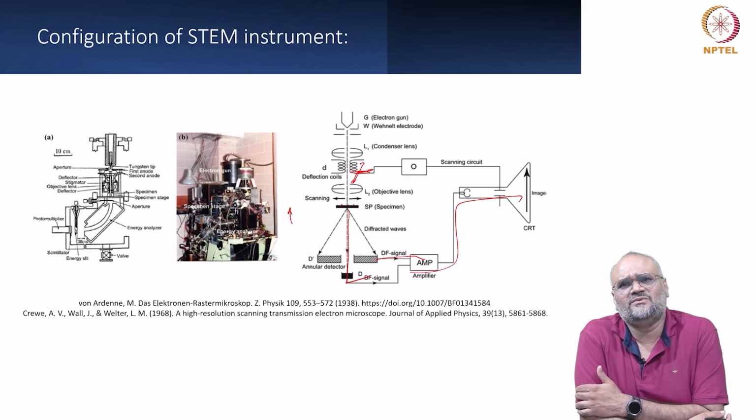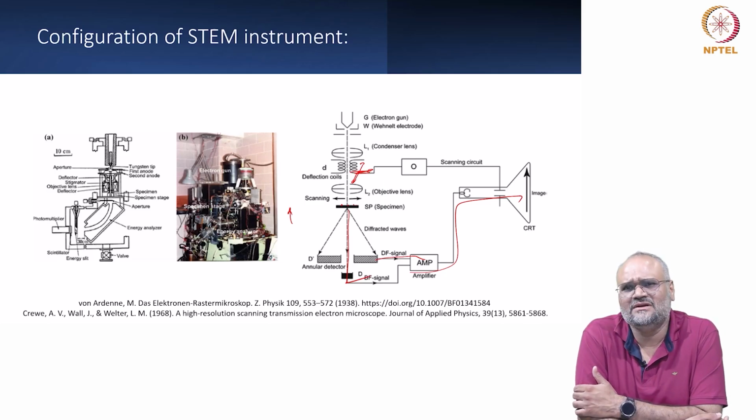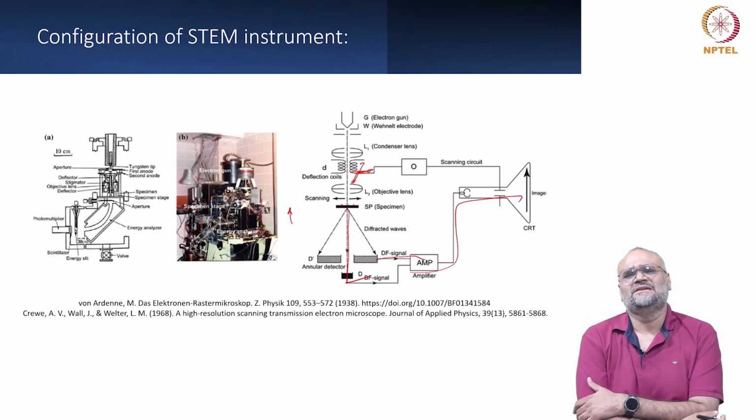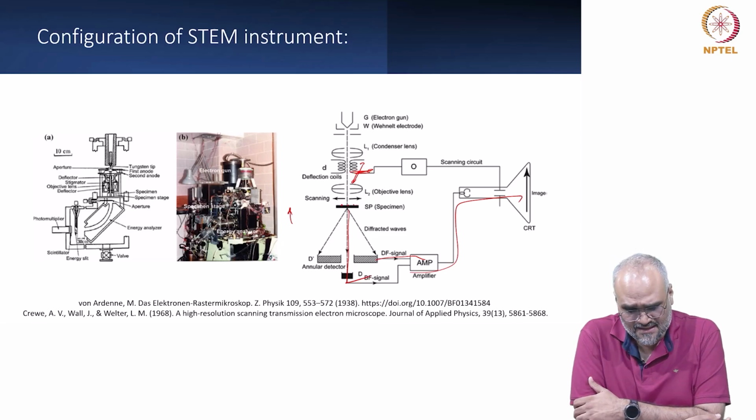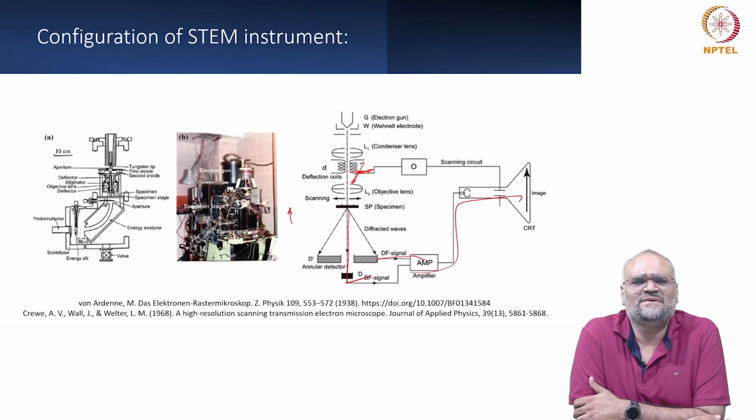So this is an overview of how the STEM instrument initially looked. Modern day intermediate voltage electron microscopes all operate in both TEM mode and STEM mode. Depending on how you configure your instrument, you can have a host of other detectors possible. More recent developments, by recent I mean in the last 20 years, include the ability to collect even the secondary electrons from the specimen.